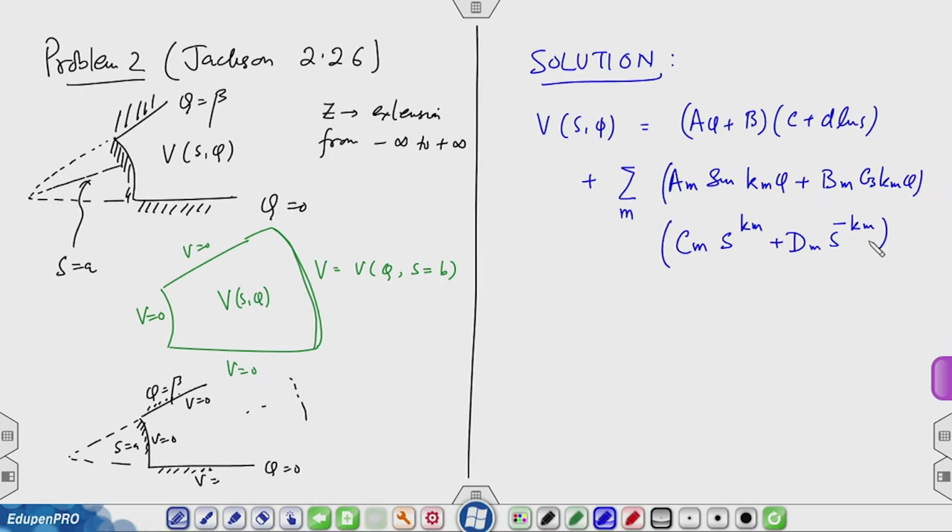This is the full solution, and we need to pick the right things, or they will come out automatically when I apply the boundary conditions. So, application of boundary conditions gives the coefficients.